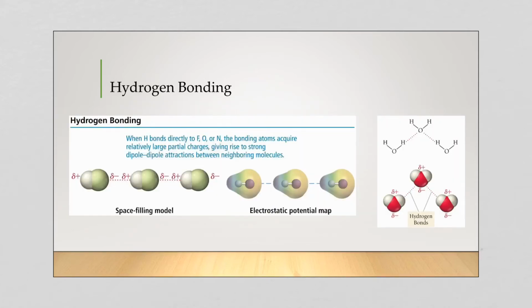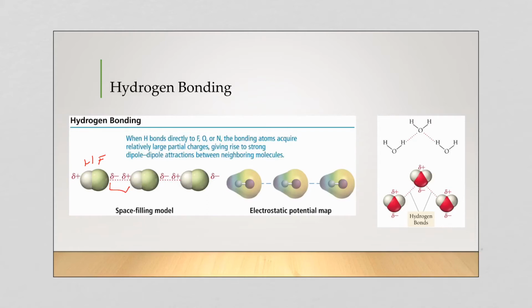So let's look at an example here. We have something like HF, where we have our F, we have our H. We're going to develop this strong positive charge on the H and a very negative partial charge on the fluorine. We can develop these dipole-dipole interactions.